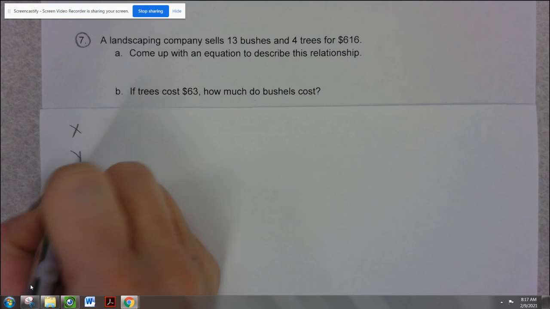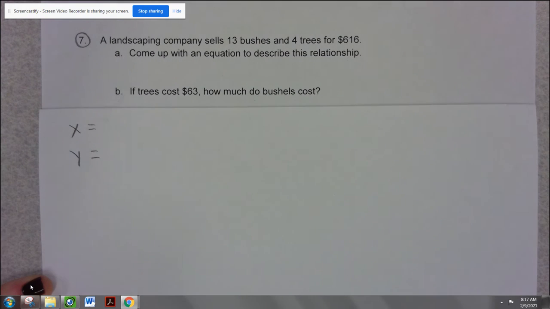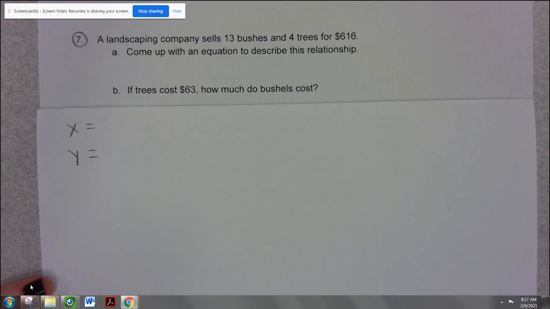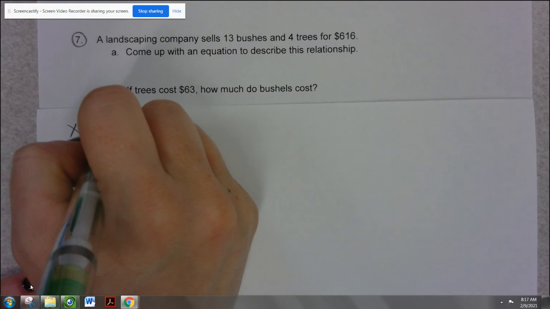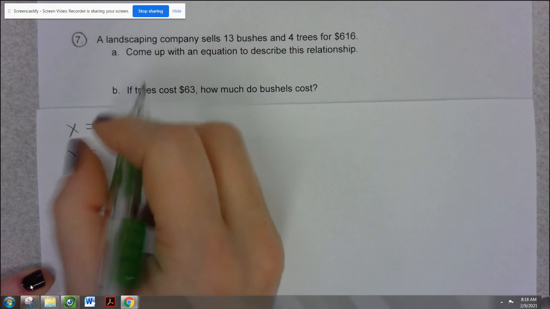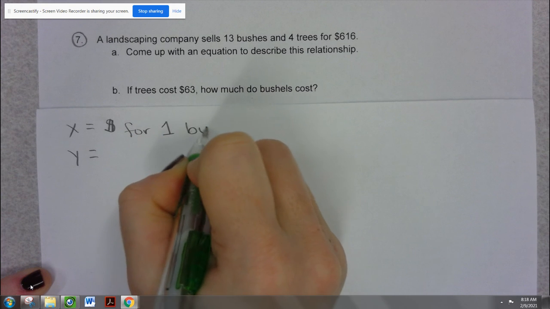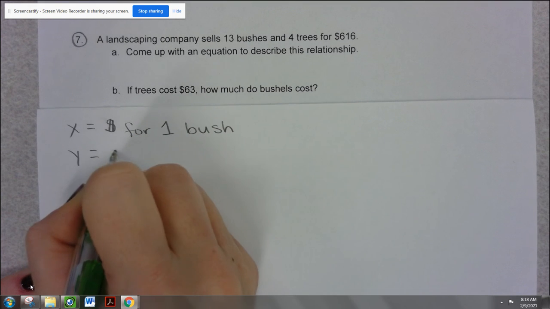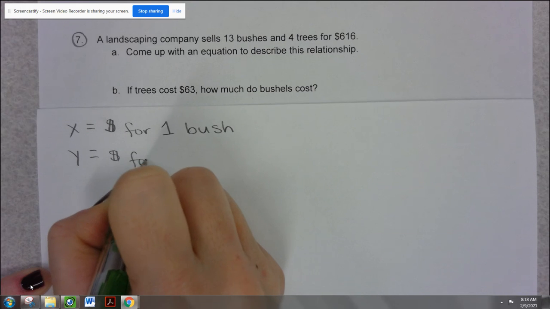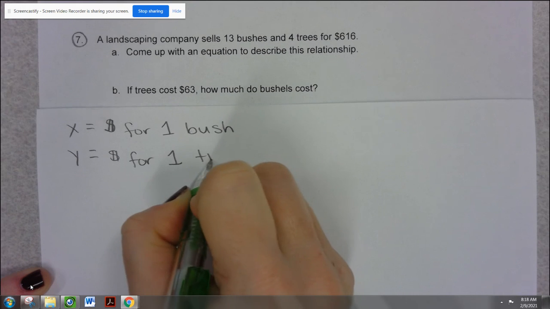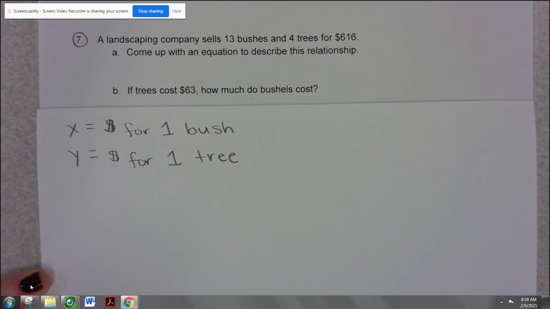So that's going to help me define what my x and y variables mean. So I'm going to do x as the money for 1 bush and y as the money for 1 tree.